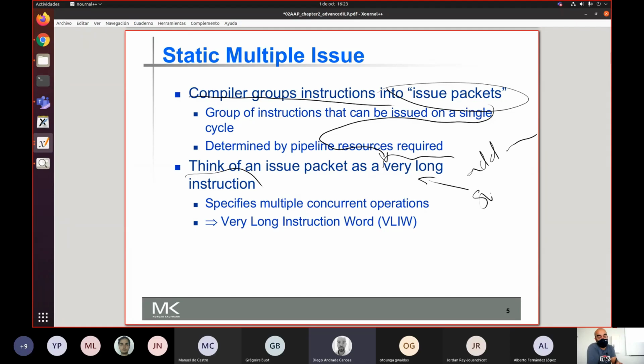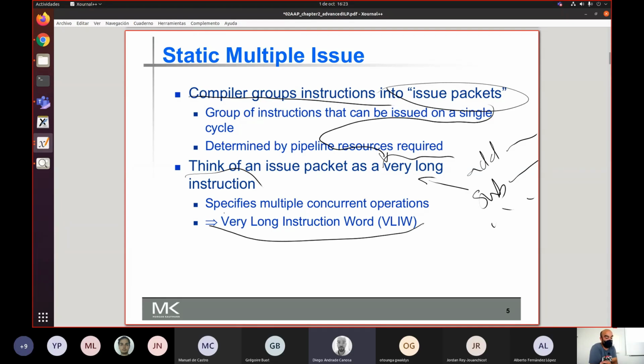So this is going to create very long instructions, and this is the origin of the name very long instruction word, okay? Because instead of having single atomic instructions like we have in non-superscalar processors, we are going to have super instructions composed of several simpler instructions that have to be issued at the same time.